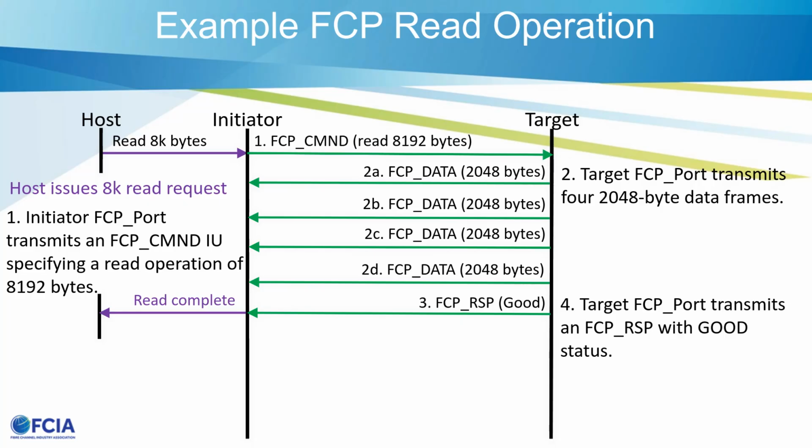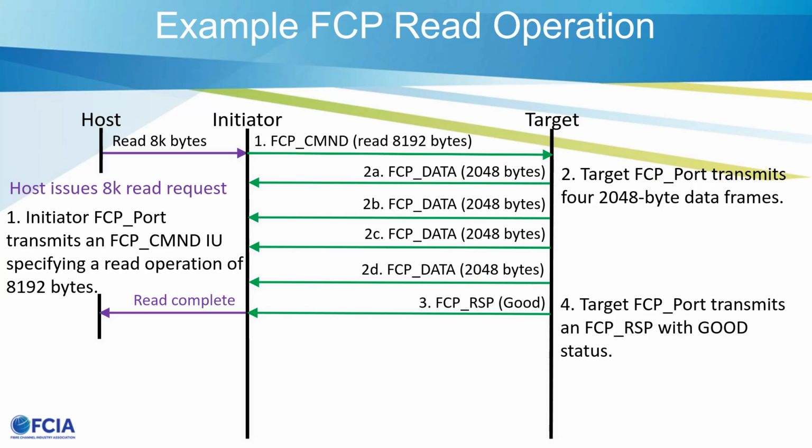Now the target doesn't have to send all 4 of these in one shot. He can interleave I/O to other hosts, because the target's handling multiple I/Os concurrently. But in this example, he's just sending the 4 frames and then sending the status message indicating that the read is complete. When the host gets that, he knows all the data is there.